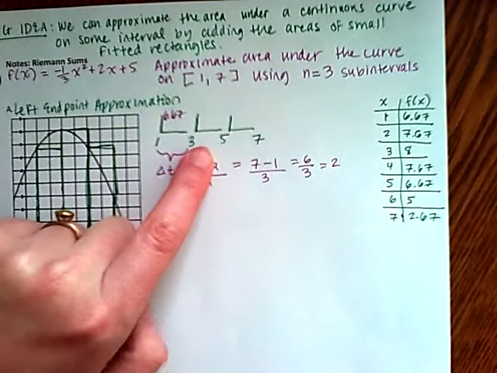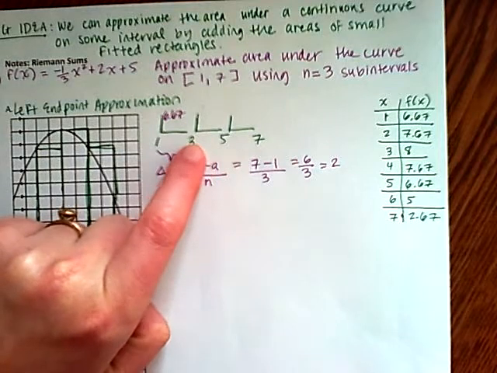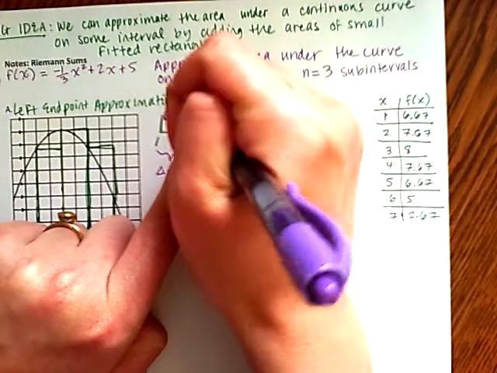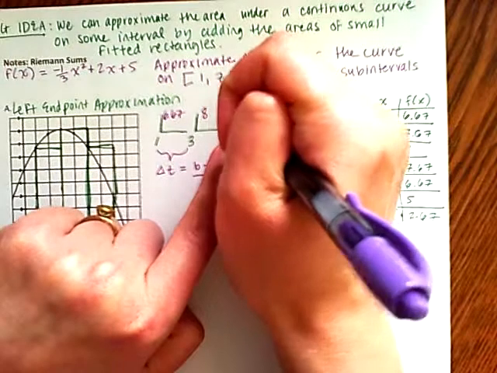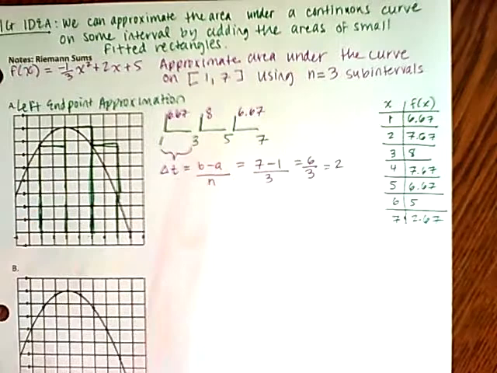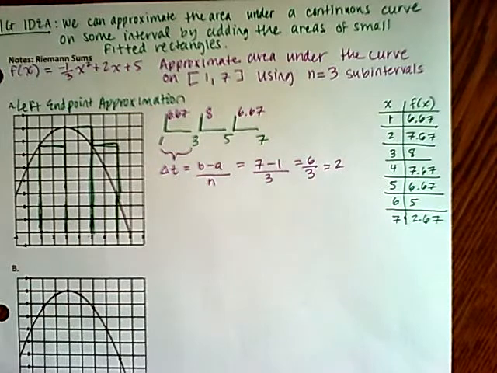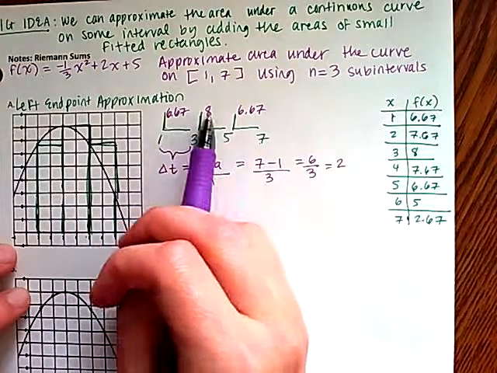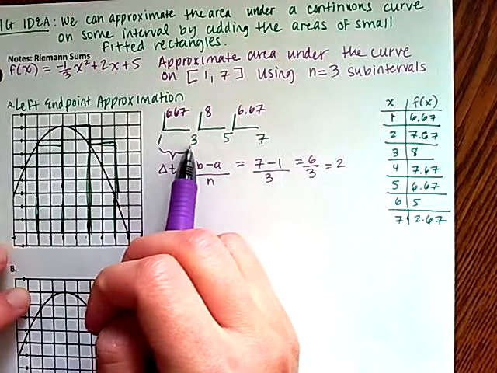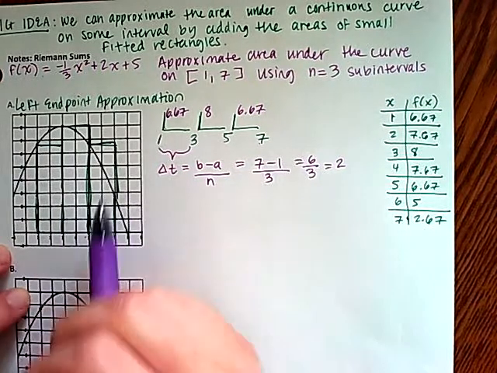Then for the second rectangle, I'm capping it off with a 3, so I want to pull the value at 3, which is 8. For the third one, I'm capping it off at 5, so I want to use the value at 5, which is 6.67 again. Now, if I actually want to do the calculation, I need to do each of these times the width of the subinterval to get the area of each rectangle and add them up.